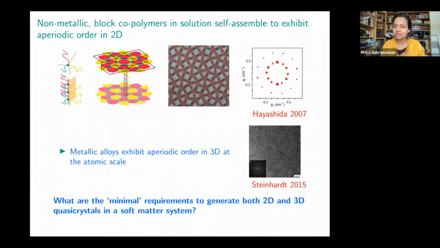Now, this is an indication that its Fourier spectrum, which is what we see in the fourth panel here, shows that it has two distinct length scales indicated by the two circles. At each length scale, we have 12 peaks, so this looks a bit like a clock face at every length scale.